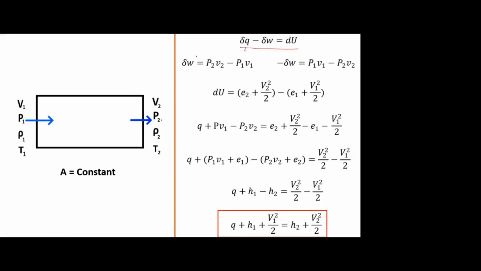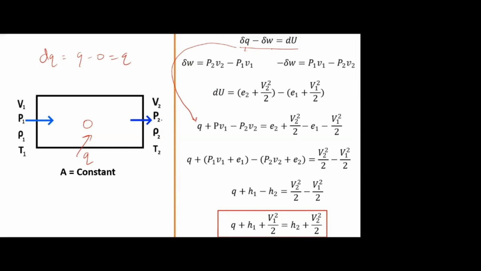First this dq. In this control volume, initially there is no heat transfer, it is 0. Assume I am applying one heat transfer, the value is q. So dq will be q minus 0. Sorry, q. So instead of dq, I am going to write q.